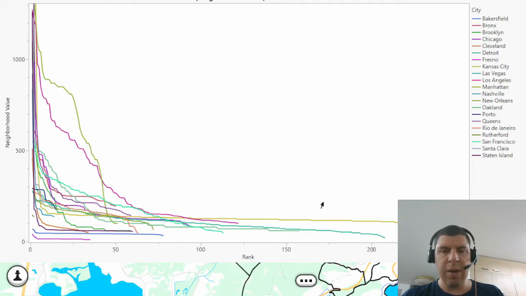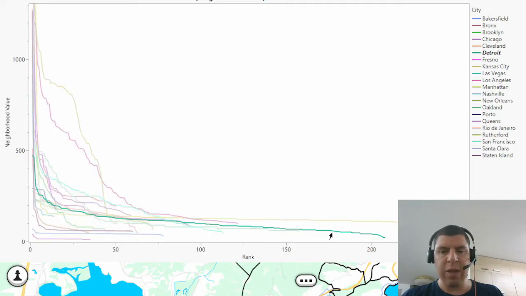The second term that I'm going to explain, using the city of Detroit as an example, is the interquartile range of these neighborhood values. I don't want to look at the most expensive neighborhoods, and I also don't want to look at the cheapest neighborhoods. So I'm going to take out the top 25% of neighborhoods and the bottom 25%.